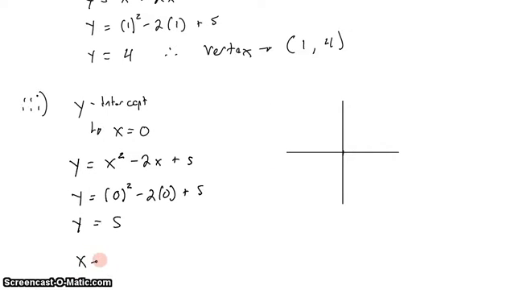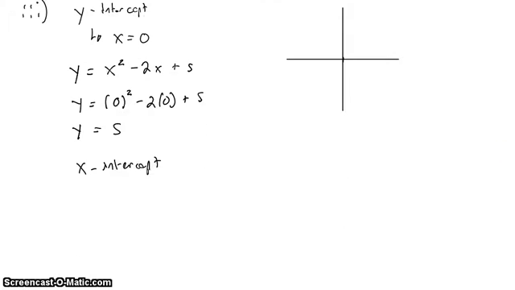For my x-intercept, I just have to let y be equal to 0. Because all the x-intercepts occur on this line, and everywhere on this line the y component is 0. So I'll say y equals x squared, take 2x plus 5, but y is 0.